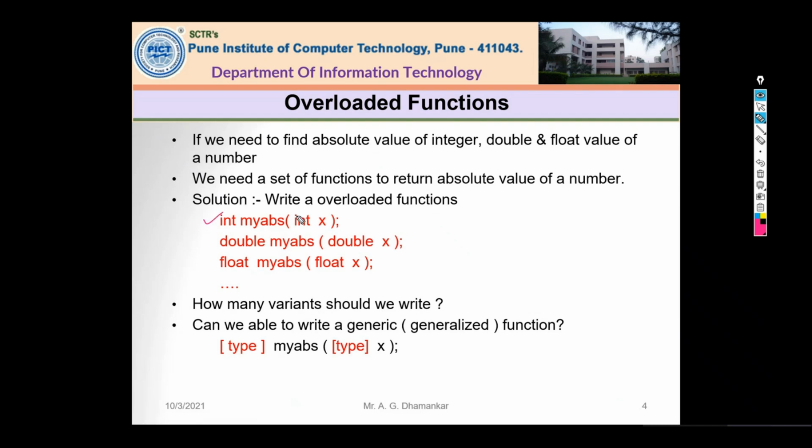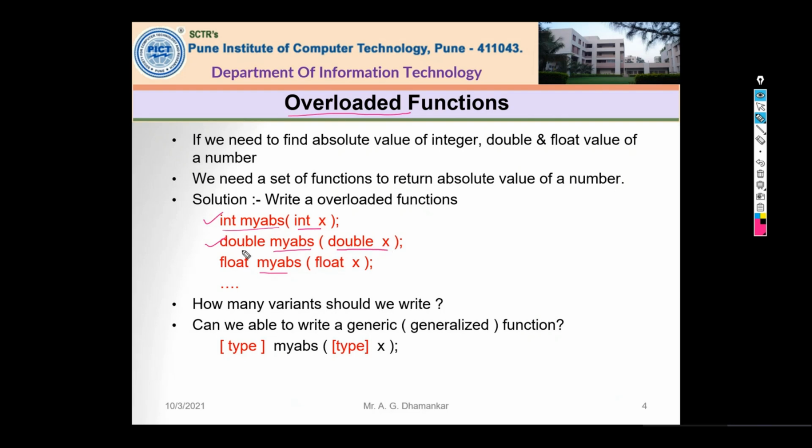Integer myAbs, with a parameter of integer type. The second function he or she will write is myAbs. The function name will be the same, as we already said, overloaded functions. We need to find the absolute value of integer, float, double, on different data types. This is now the second one, double.